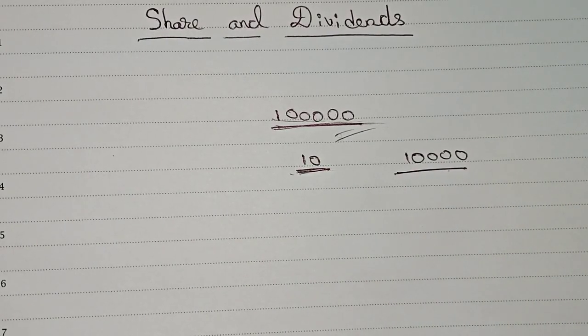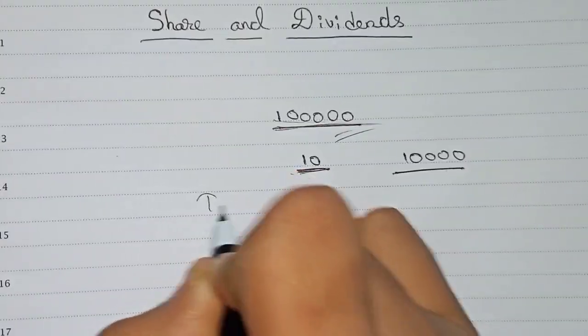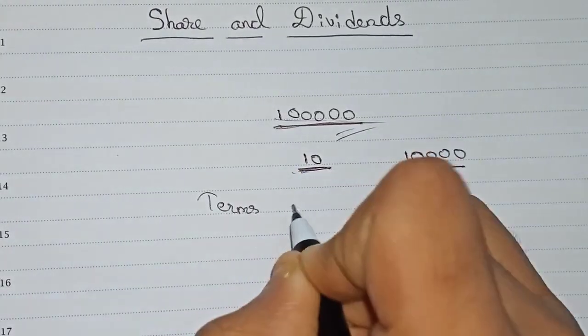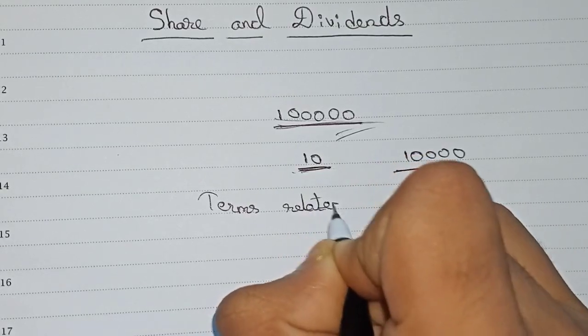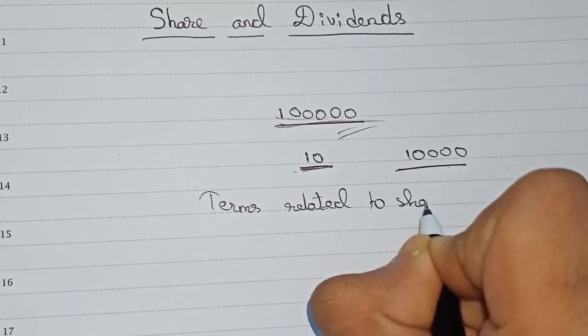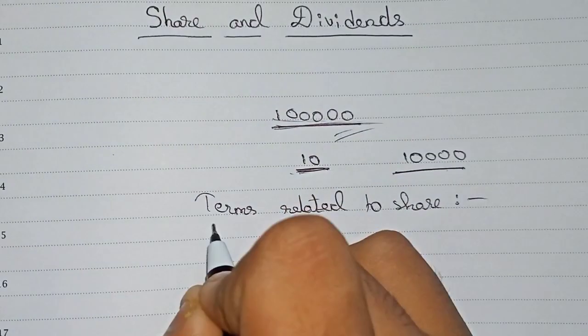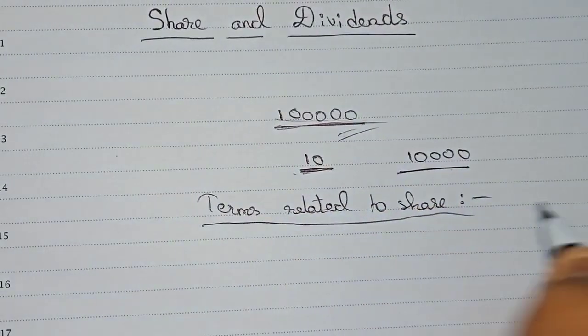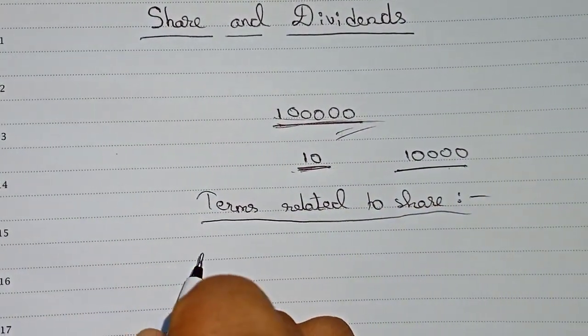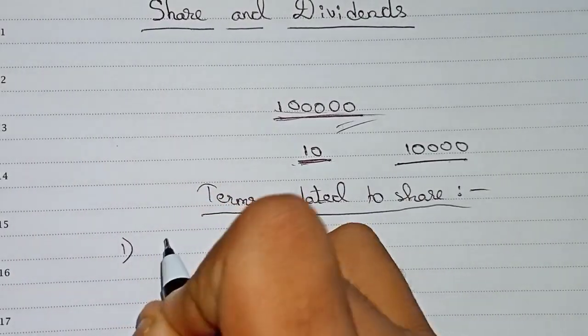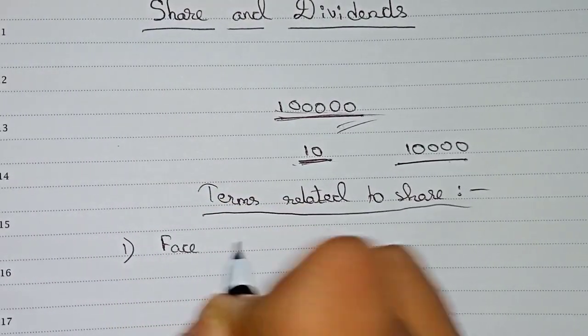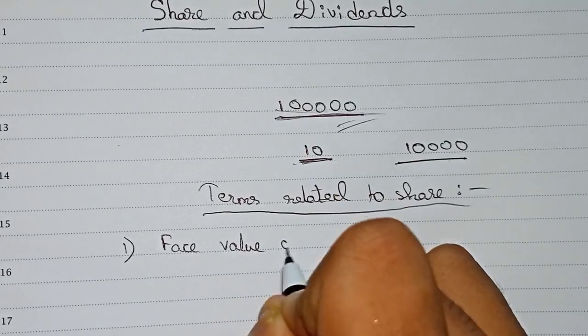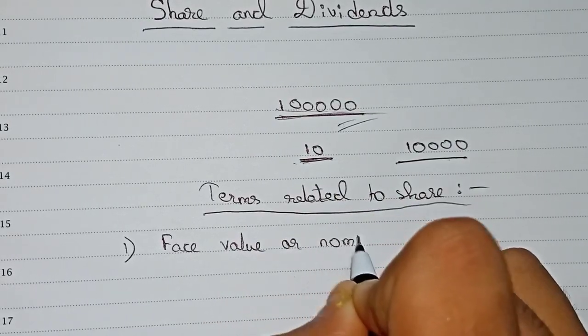Now we are going to learn about some of the terms that are related to shares. At first we are going to learn about the face value or nominal value.